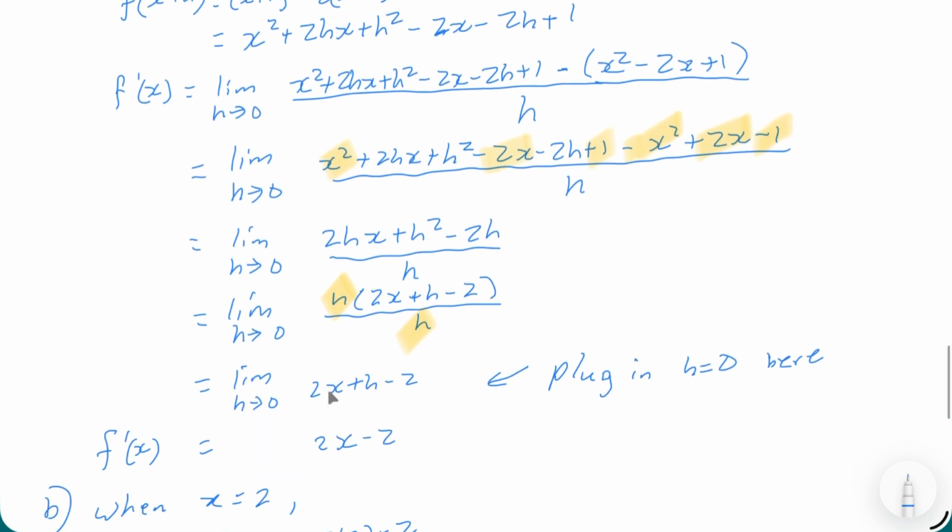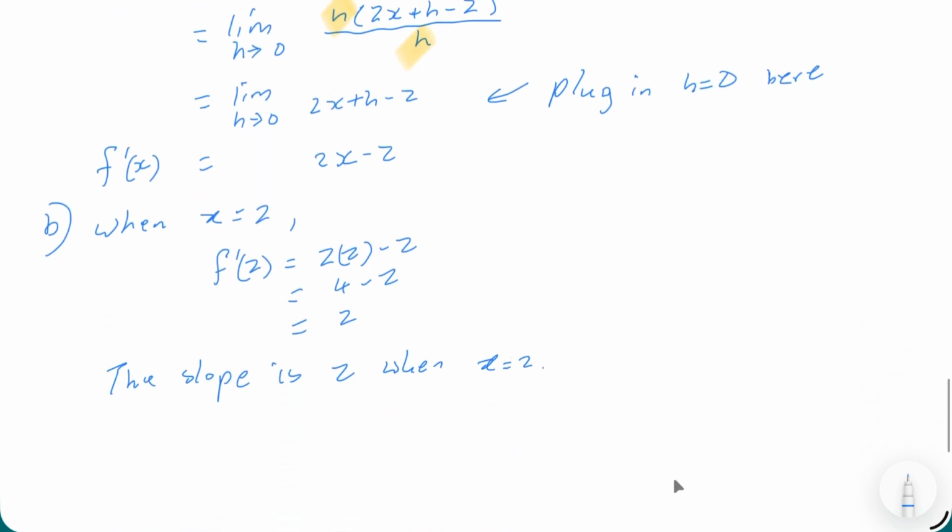So then it becomes the limit as h approaches 0 of 2x plus h minus 2. At this point, we plug in h equals 0, and so it becomes 2x plus 0 minus 2, which is 2x minus 2, because anything you add 0 to remains the same. f prime of x is equal to 2x minus 2.